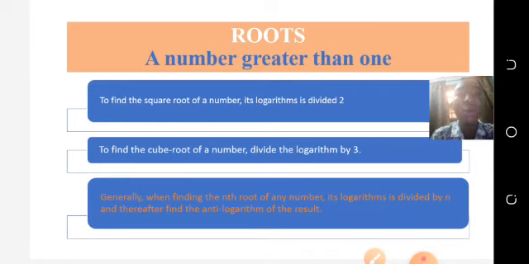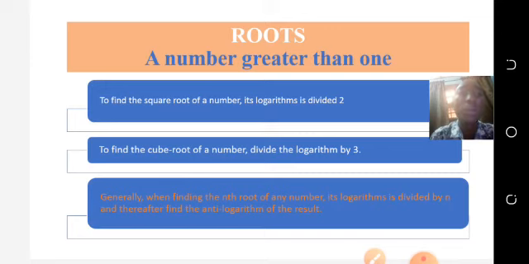Because from our law of indices class, a root can be expressed as x raised to power of 1 over 2. That is the square root, when it is raised to power of 1 over 2. So you are going to divide the logarithm by 2.